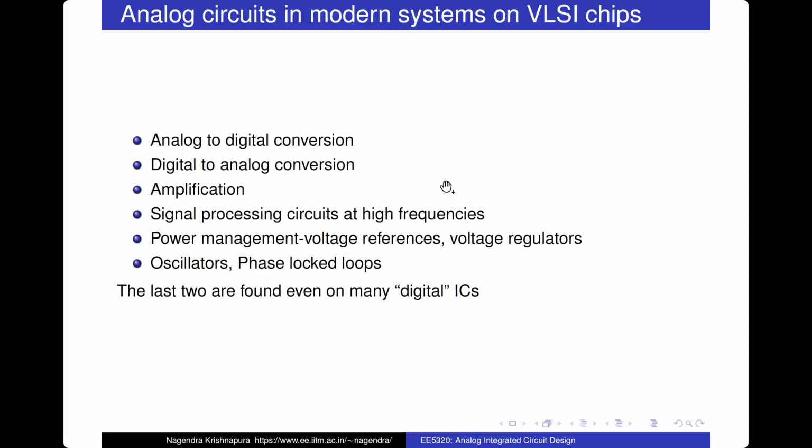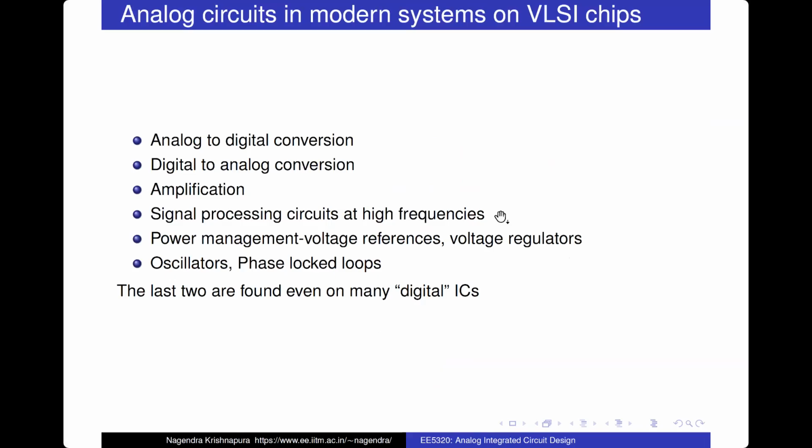And also, it turns out that in a given technology, as you go to higher and higher frequencies, it becomes harder and harder to make any circuit, and in particular, digital circuits. So there is some signal processing at the highest of frequencies, which tends to be still in analog. Or it could be that you can do it in digital, but it consumes a higher power. So you have to do it in analog. These things are there. And this boundary keeps moving with technology.